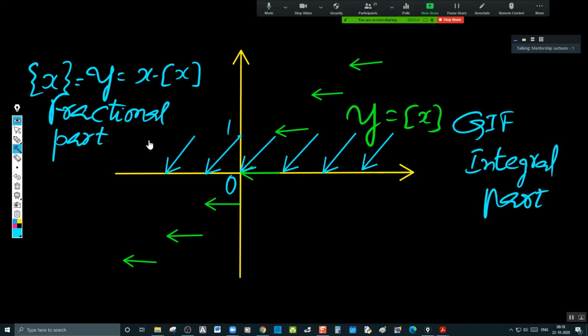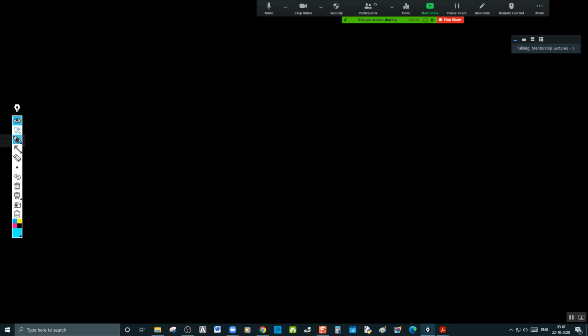Okay, so this is fractional part of x, and it is even periodic, whereas greatest integer function is not periodic. Fractional part of x is periodic, and its fundamental period is equal to 1. In the interval of 1 it repeats. Okay, so that's what I'd like to revise.